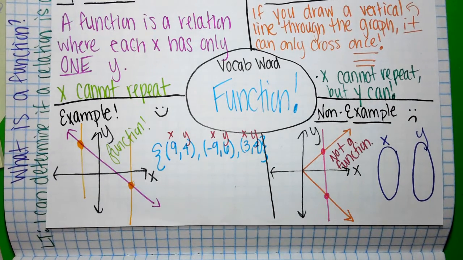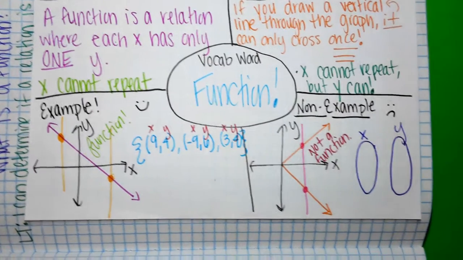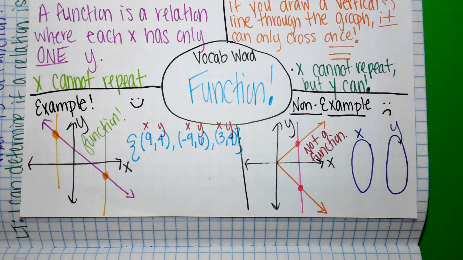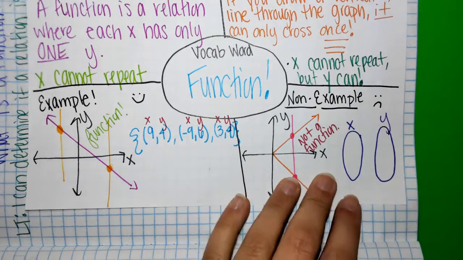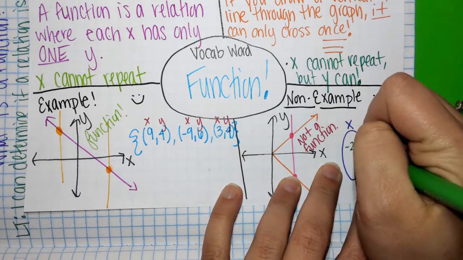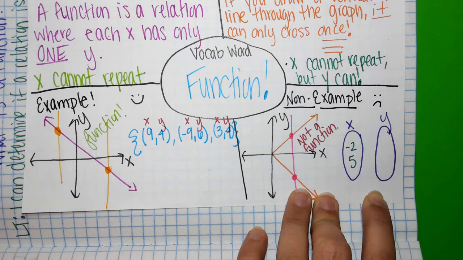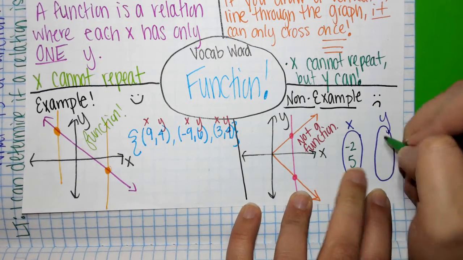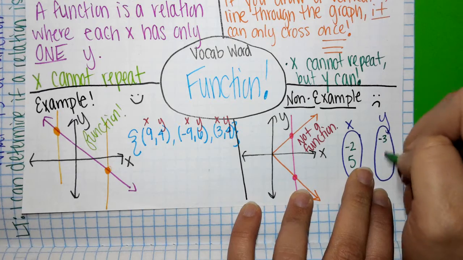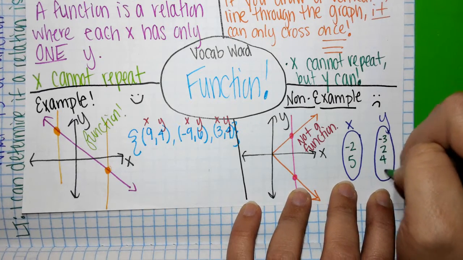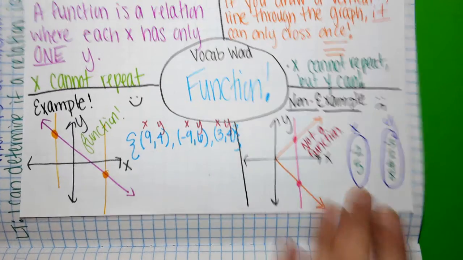That's a mapping diagram. Alright, so please write negative 2, 5 in your x column, and negative 3, 2, 4, and 8 in your y column.